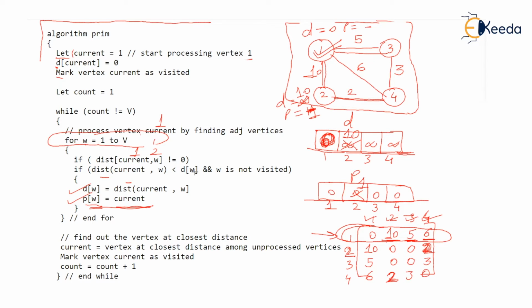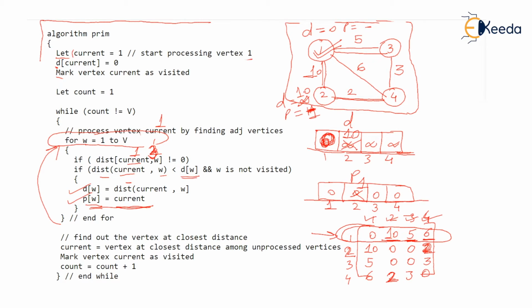Similarly, you will see when this for loop repeats, the next neighbor of 1, that is current, is going to be 3. That is, 1 comma 3 is not equal to 0 in the matrix. So 1 is adjacent to 3. Then we will see what is the distance between 1 and 3. Distance between 1 and 3 is 5, which is seen from the dist matrix, and it is less than infinity.